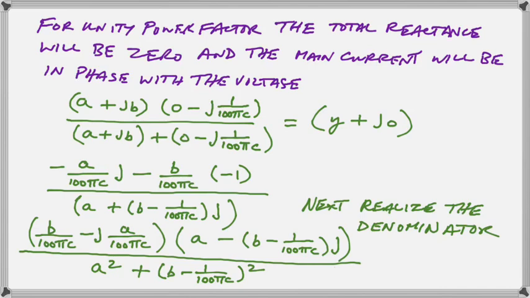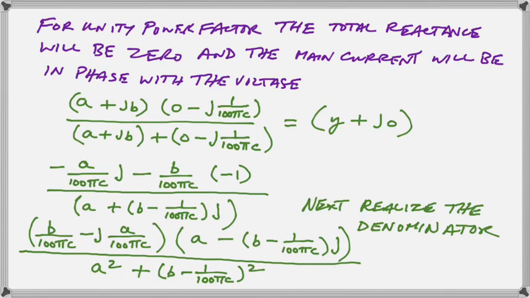Okay, so now we do some fancy maths. You can look it through, and if you have any questions, you can put them down in the comments. But basically, we're just pushing the algebra around. We're realizing the denominator, which is the big job that we're doing here. We're realizing the denominator, as I've indicated there.